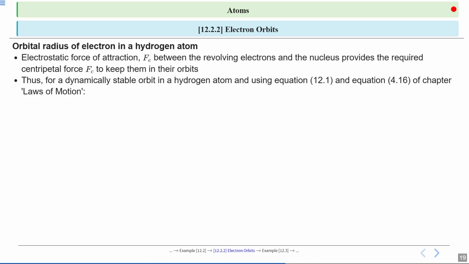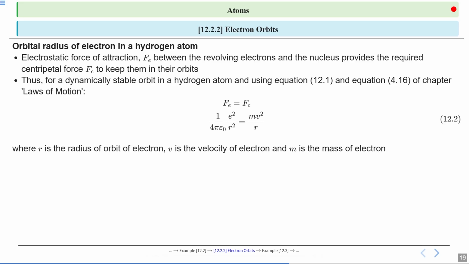Okay, so for a dynamically stable orbit in a hydrogen atom, using equation 12.1 and equation 4.16 of chapter Laws of Motion, we set the electrostatic force equal to centripetal force. This equation is our starting point for finding the relationship between the electron speed and its distance from the nucleus.